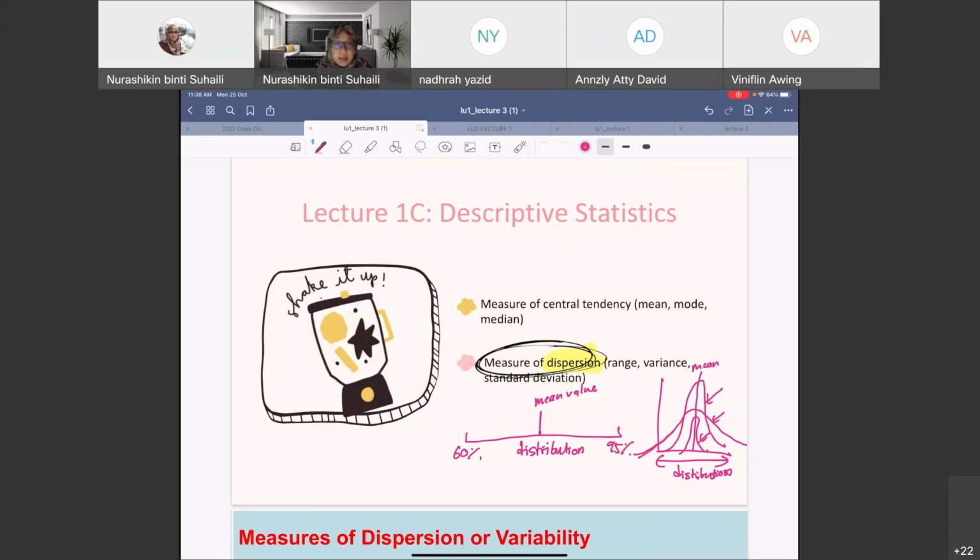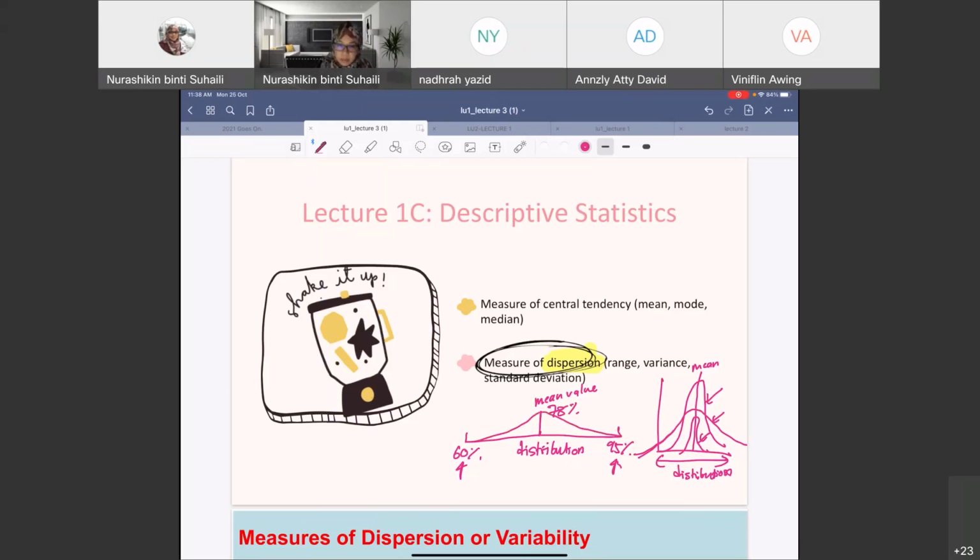So the lowest is 60 and the highest is 95. So that is the range, right? But I need to know also what the mean value is. 60 plus 95 divided by 2? So the average, let's say 78. So if I want to draw the distribution curve, it's something like that.